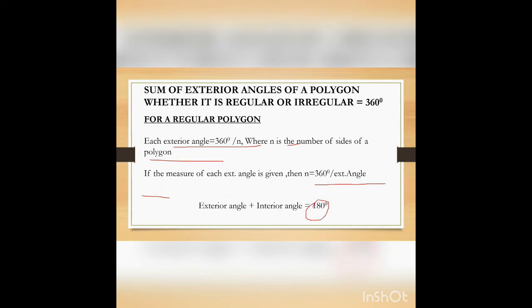So if you have the measure of exterior angle, you can easily find out the measure of interior angle by subtracting it from 180 degree. And as I have said, each interior angle will measure the same, so that will be the measure of each interior angle.